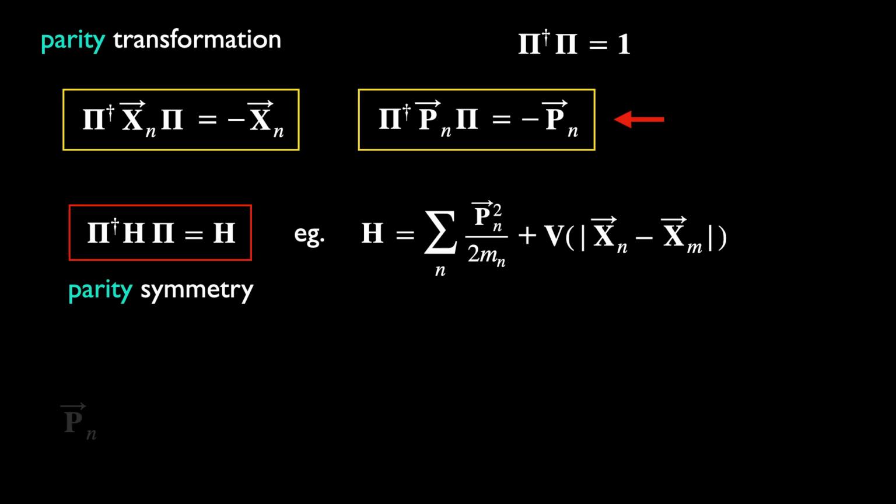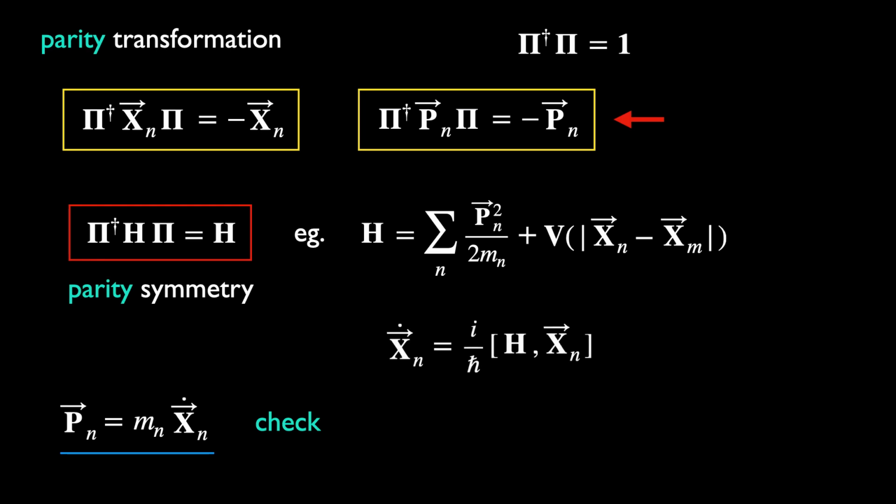We can also check that the momentum of each particle is really proportional to the time derivative of position by using Heisenberg's equation of motion. Recall that this is what allows us to deduce the transformation rule for P from the transformation rule of X.